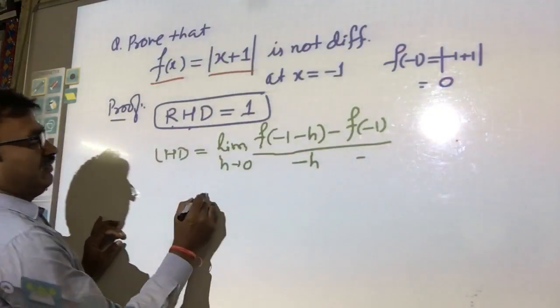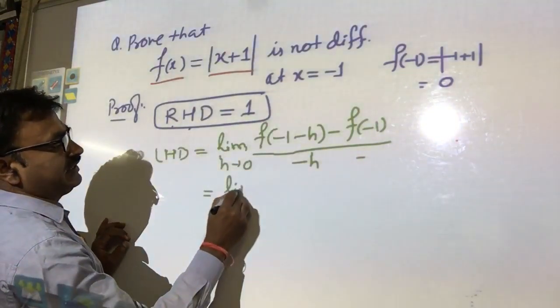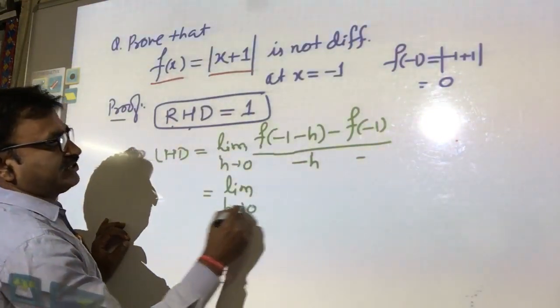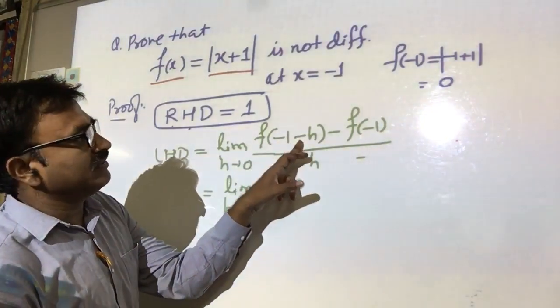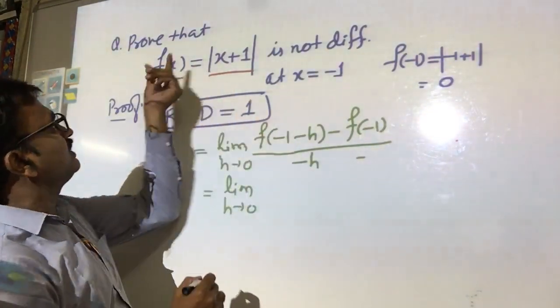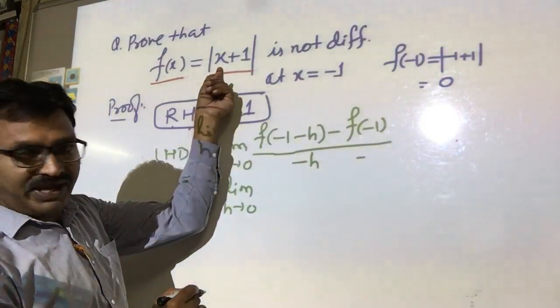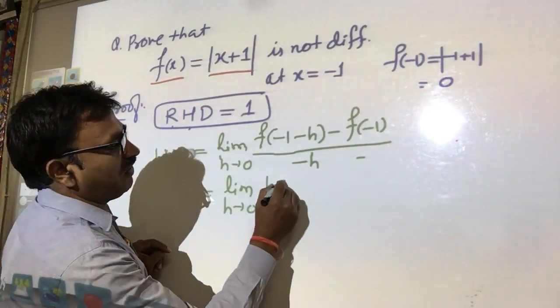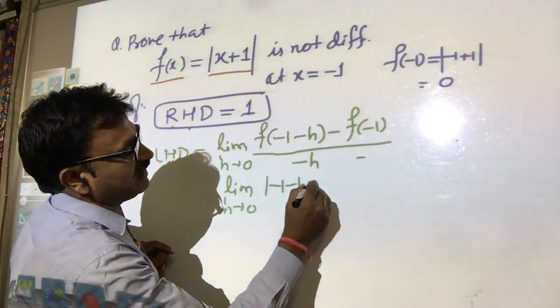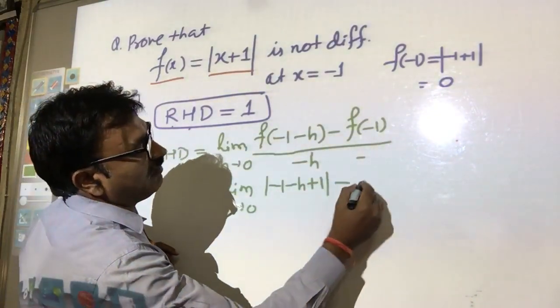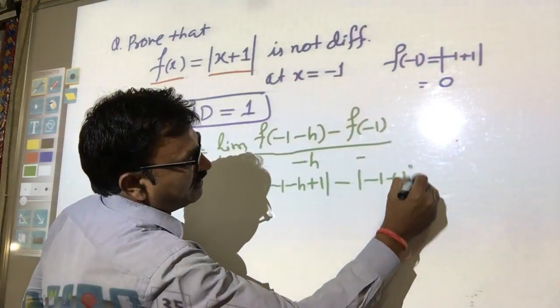So now solve this again. Limit h tends to 0. The function f(x) is this, and we put -1 minus h in place of x. Then the answer will be |-1 minus h plus 1| minus |-1 plus 1|.